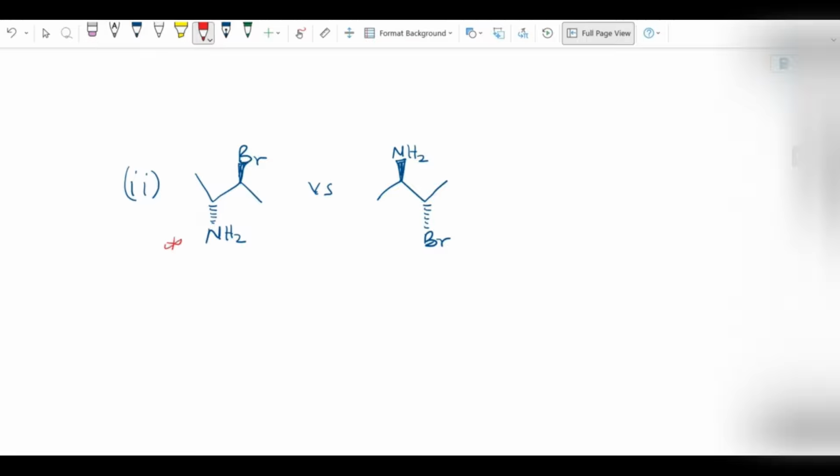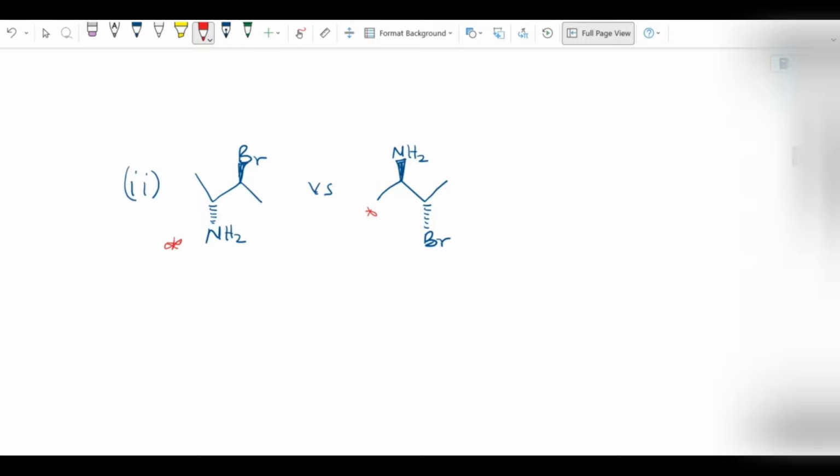So to do that, let's keep this one and then let's rotate this other compound. So the question then becomes, how can I reorient this compound in such a way that the substituents will properly align with the one on the left?